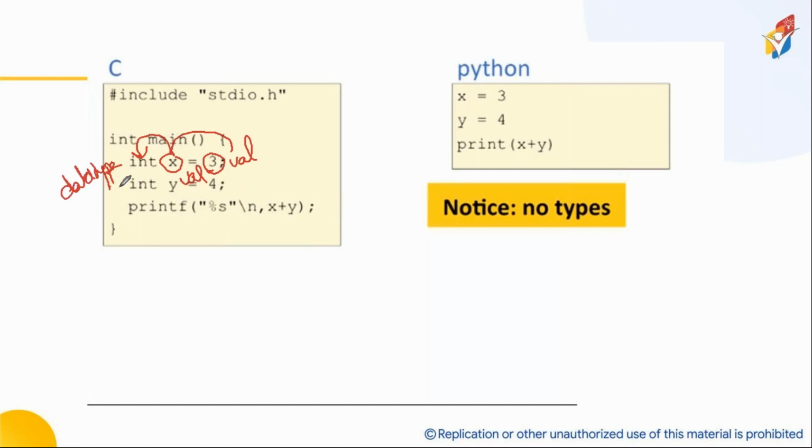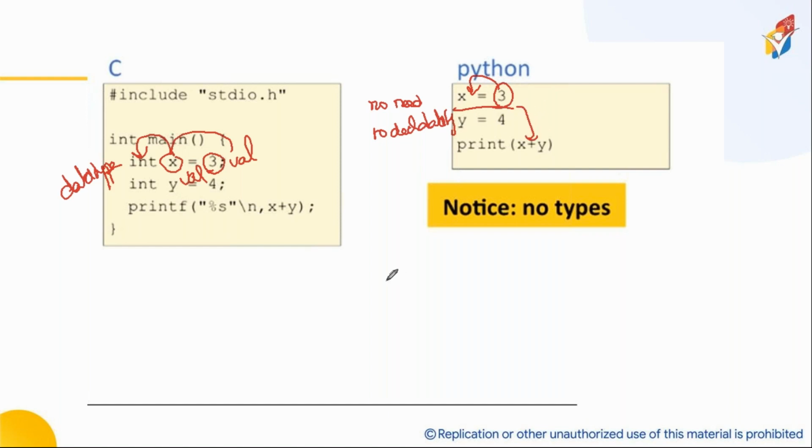For example, in Python, directly I'm assigning a value to the variable. That's it. No need to declare. No need to declare a data type. No data types, not at all required. Simply initialize a value, then use it directly.